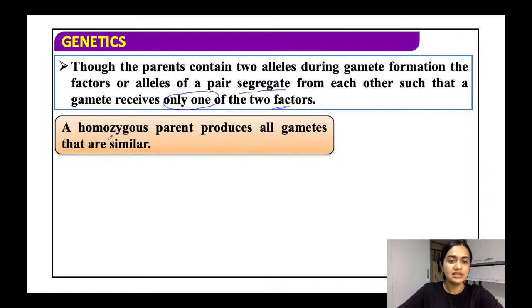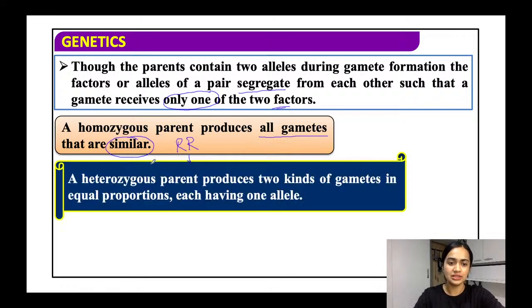So a homozygous parent will produce all gametes that are similar. Let's take the example of the round one. If it is R and R, even when it undergoes selfing, it will again produce R. Since it is homozygous, it can only produce similar, round gametes.